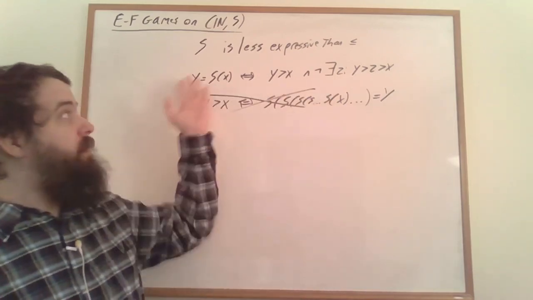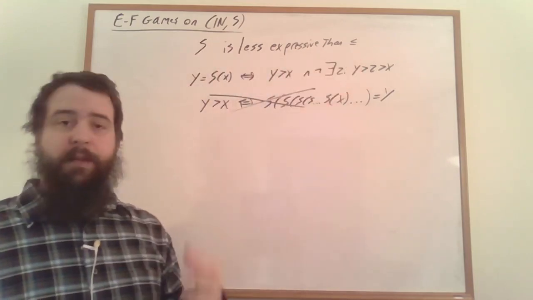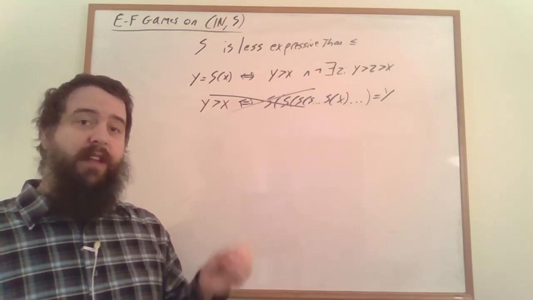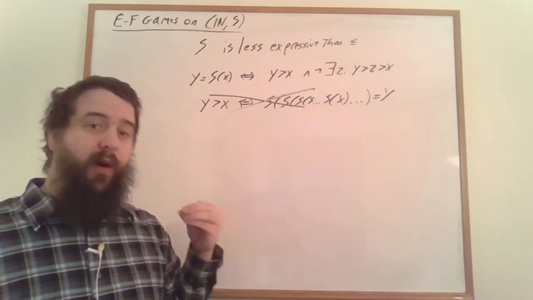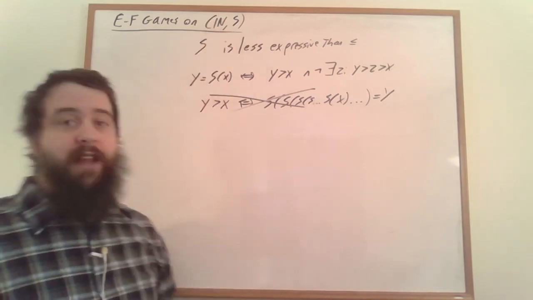Because the successor operation is less expressive than ordering, we expect potentially more non-standard models. Remember that non-standard models have to satisfy all of the formulas that the original structure satisfies.